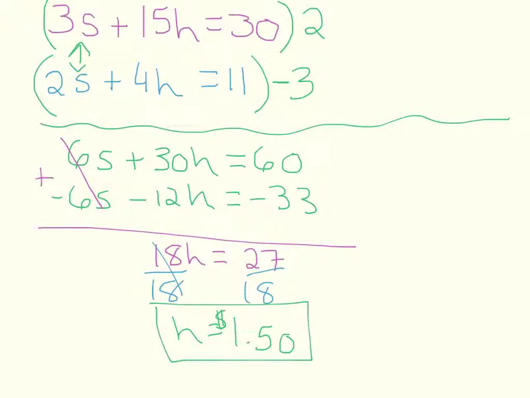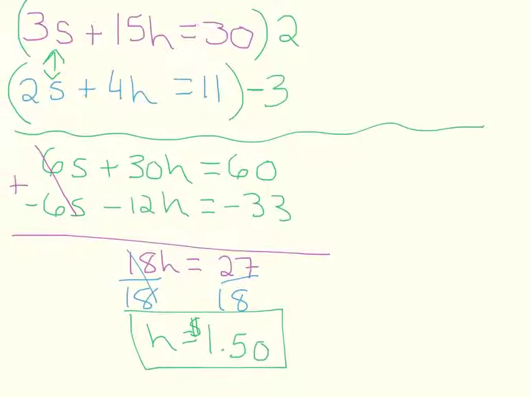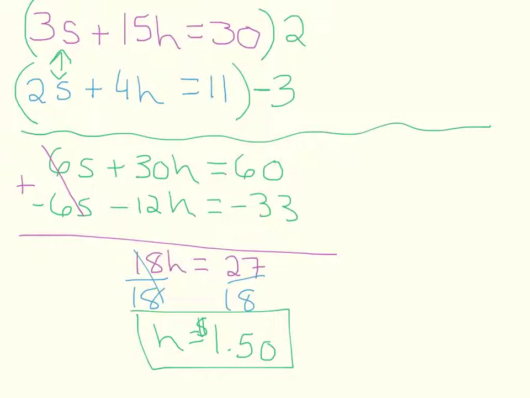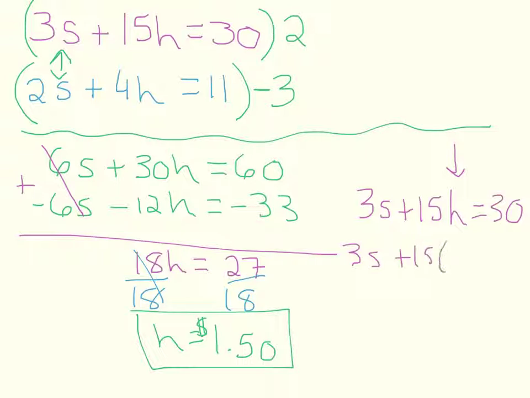So now to figure out the price of the streamers, let's choose that top equation. You can really choose any of these 4, but if we choose the 3S plus 15H equals 30, let's plug in $1.50 for H. So 3S plus 15 times 1.5 equals 30.